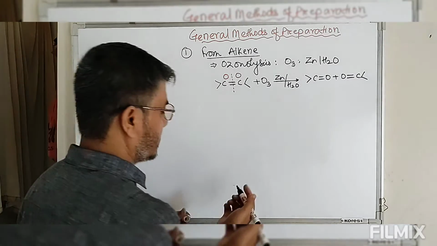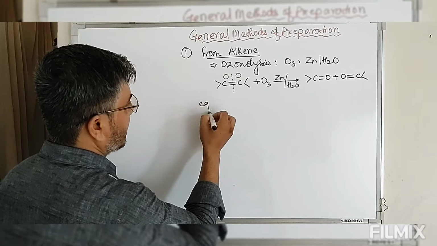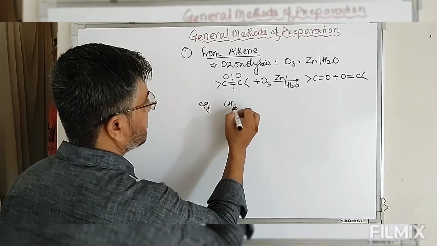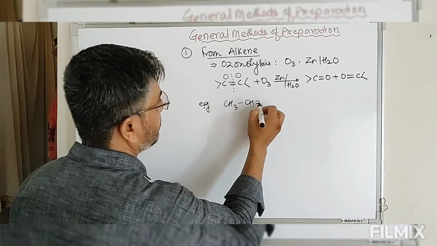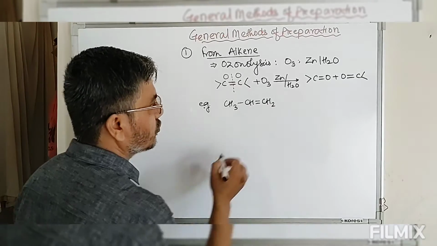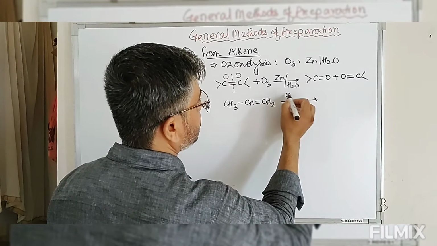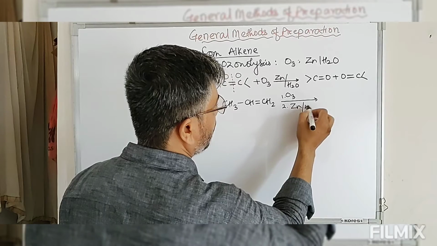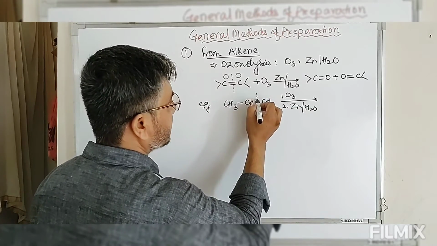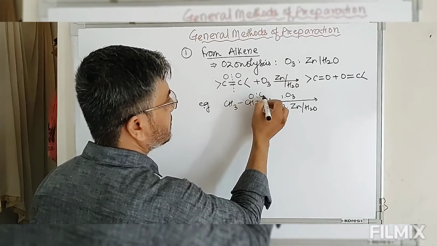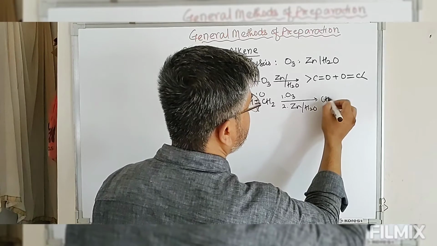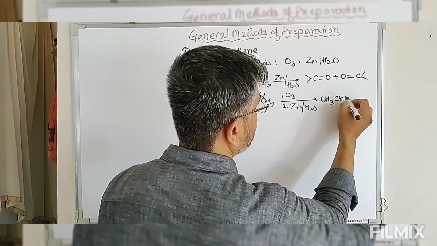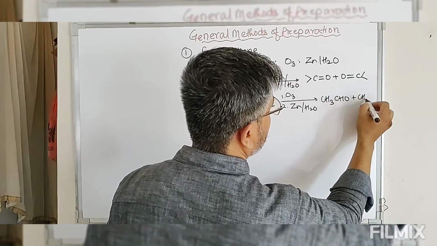So let's start with an example. Suppose we are starting with CH3 CH double bond CH2. First we carry out ozonolysis followed by reduction with zinc and water. So now we have to break this bond, and oxygen is added, which gives you CH3CHO plus CH2O.